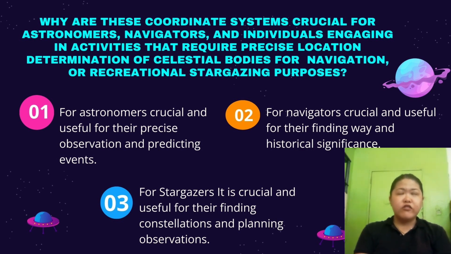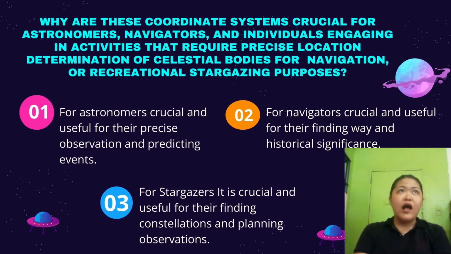So, ang mga stargazer can use altitude and azimuth para maplan nila ang ilahang mga observation, knowing when and where specific celestial objects will be visible. This allows them to maximize their viewing opportunities and witness celestial events like meteor showers or planetary conjunctions, di ba usahay mag-announce sila nga uy, kani makita ni siya diri nga orasa.